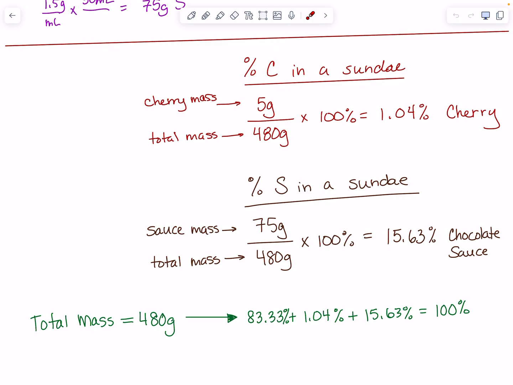Pyrex glass, the kind we use in lab, the kind you might use in your kitchen glass baking dish, has boron atoms in it, and the boron changes the structure of the material so that it can withstand rapid changes in temperature and not crack and break.